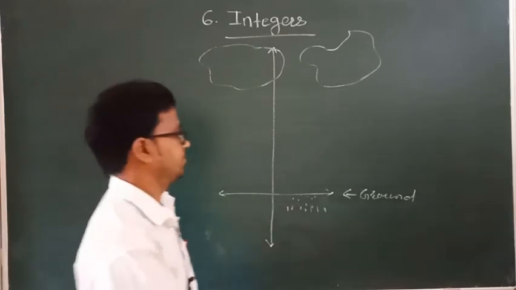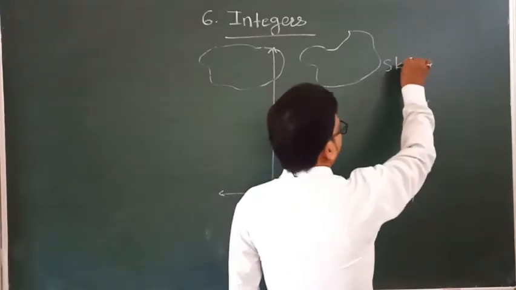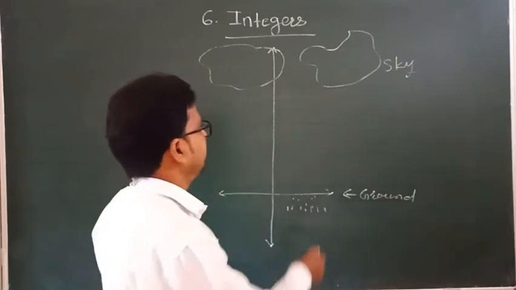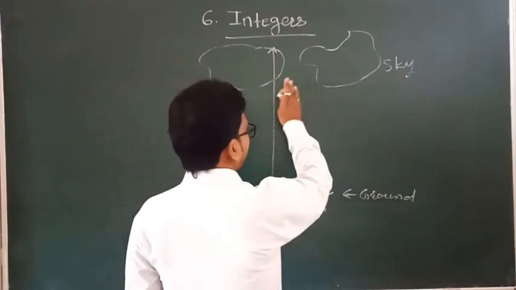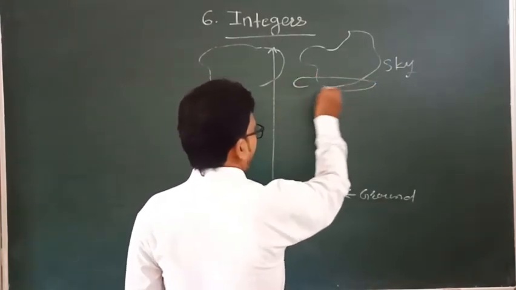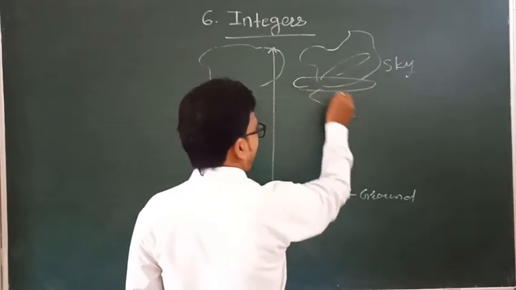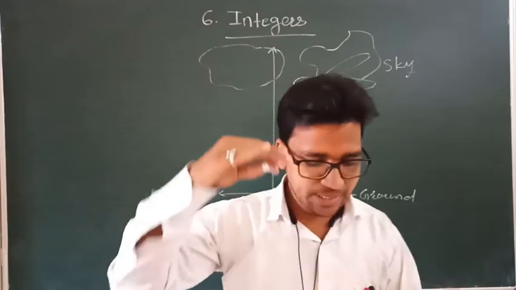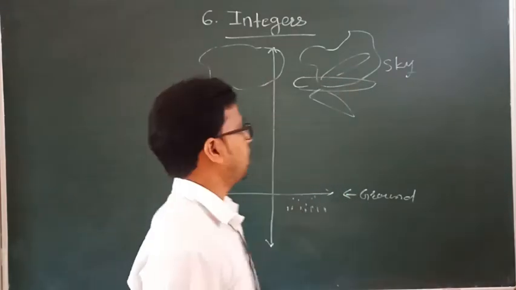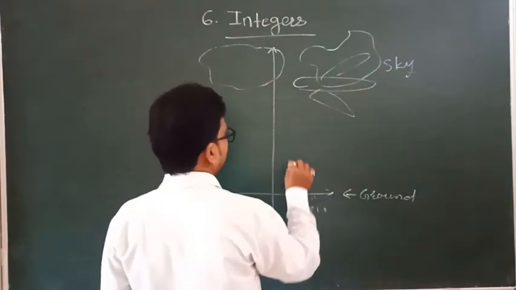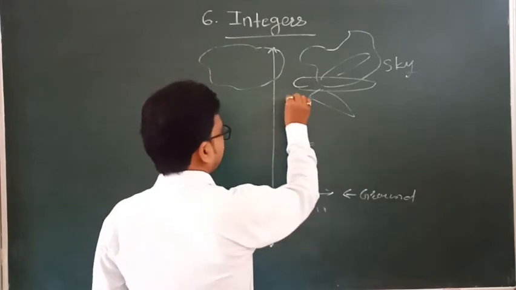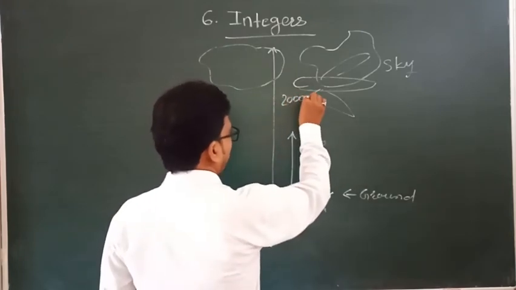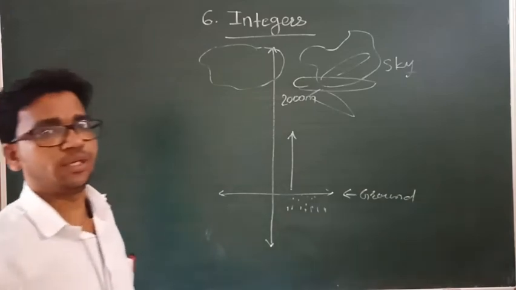The sky is there. So the aeroplane is at a height of 2000 meter above the ground.